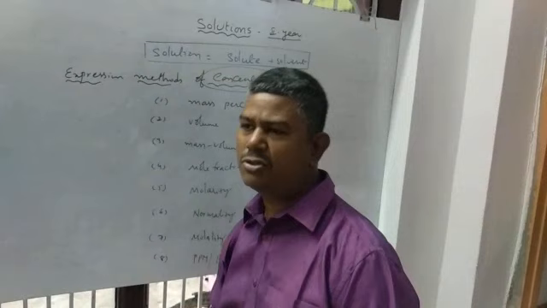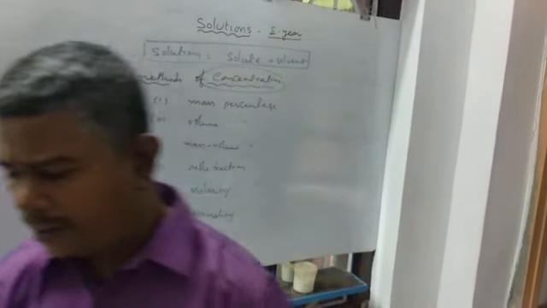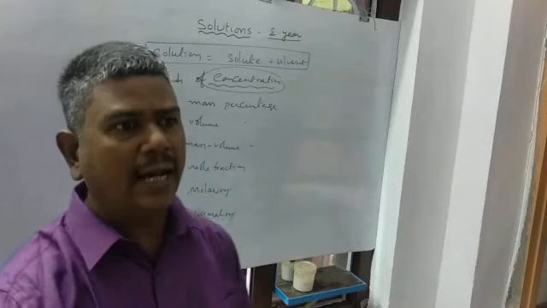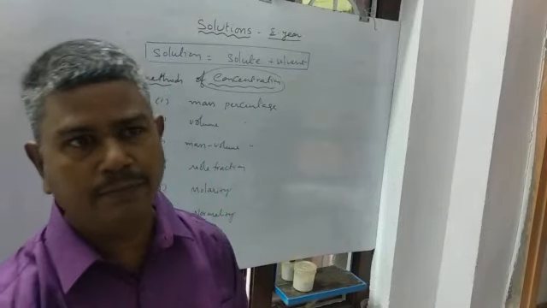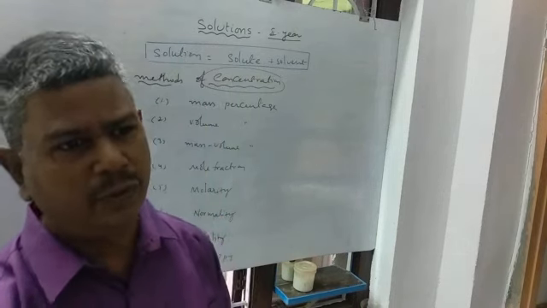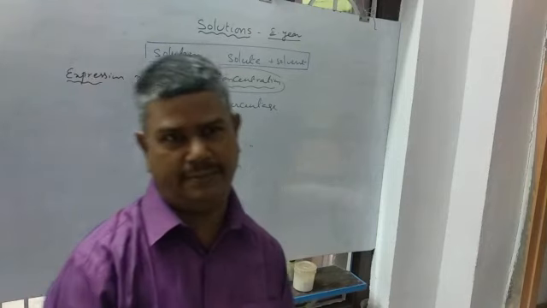So these are all the terms which express the concentration of the solution. Concentration of the solution means, observe: if you take 1 liter of water and add 1 spoon of sugar, what happened? A sugar solution will be formed. Once we taste it, it will be a little bit sweet.